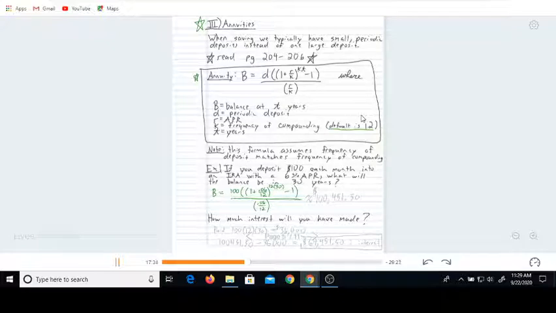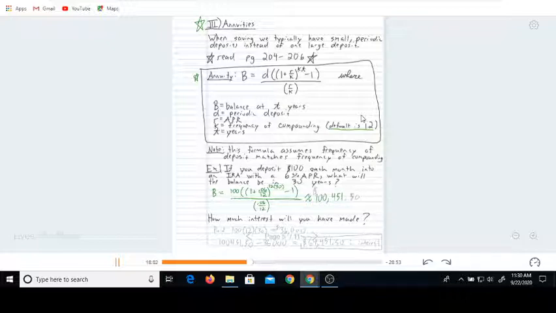So let's go ahead and type this into our calculator. At this point, feel free to press the pause button and type it into your own calculator just to verify that you know how to type this in. And you should get, rounding to the nearest cent, $100,451.50.